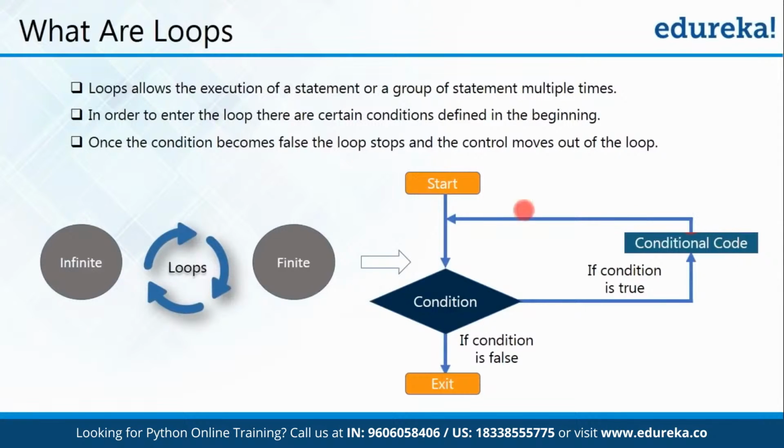It'll execute that and again go back and check the condition. If the condition is still true, then again it'll execute the statements present inside the loop, and it'll keep repeating until this condition becomes false. The moment the condition becomes false, the control will move out of the loop and execute the statements present after that loop.